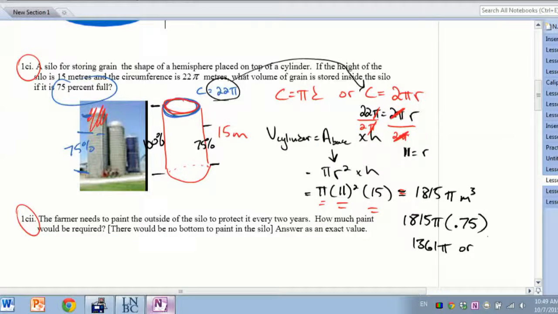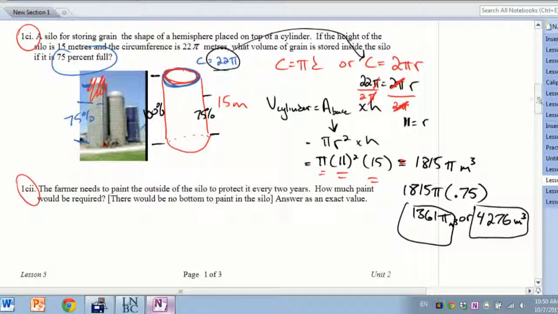I can multiply it by pi, and it's going to give me 4,276.49 meters cubed. So there's my answer in terms of pi, and there's 1,361 times pi, which is 4,276. So that was that first one.